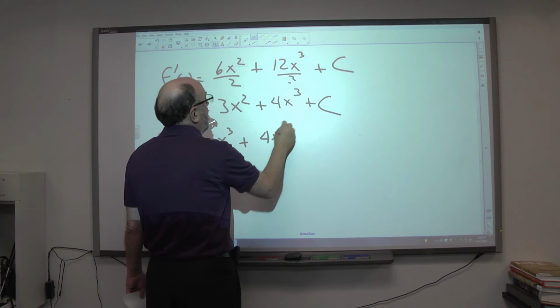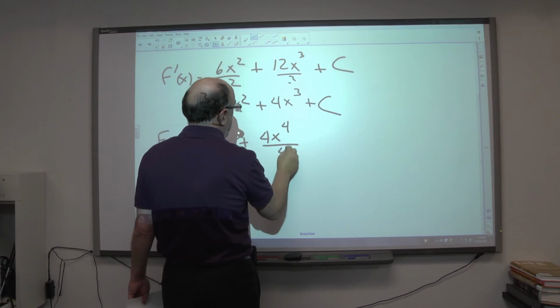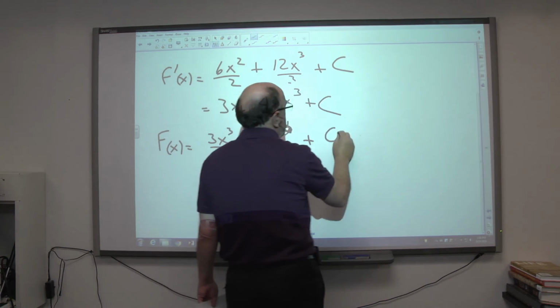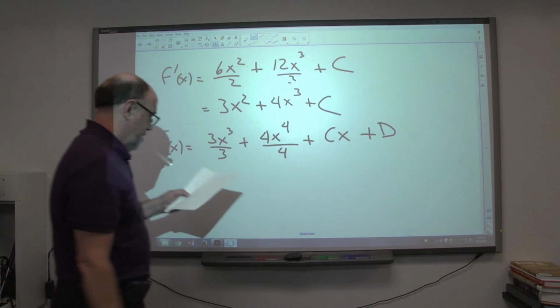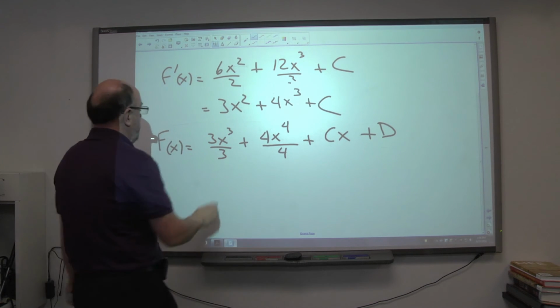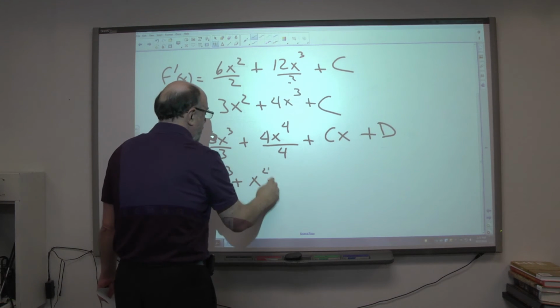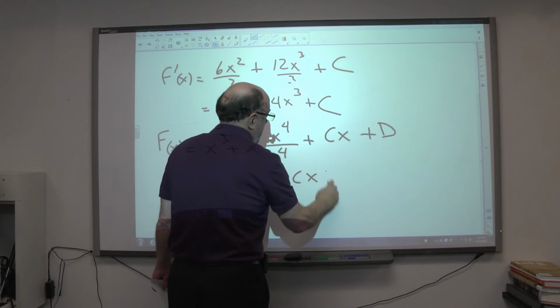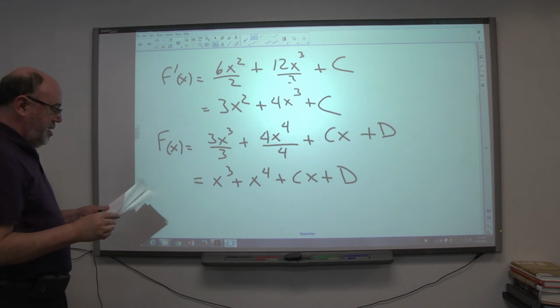This is going to be 4x to the fourth over 4 plus cx plus d. And so we simplify this, we get x cubed plus x to the fourth plus cx plus d. And we have our original.